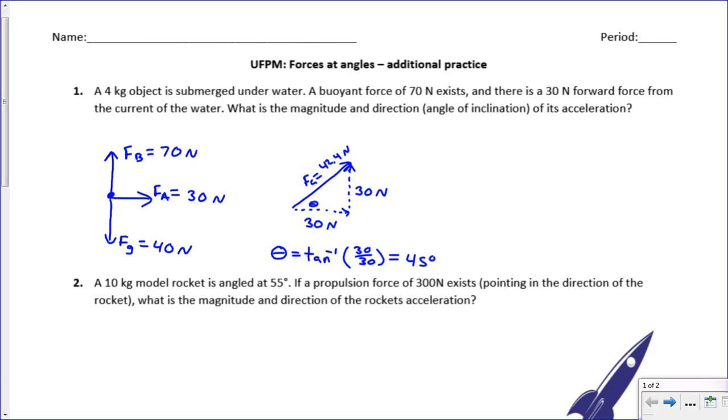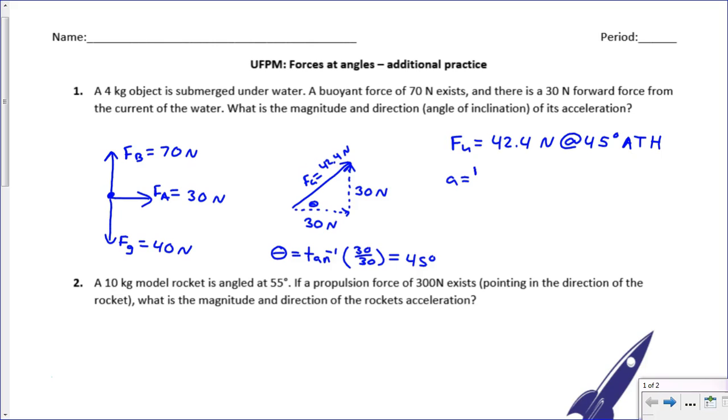Now that we've got this, we know that Fu equals 42.4 newtons at 45 degrees above the horizontal, which I'm going to say 45 degrees ATH. Now it asks actually for the acceleration in this problem, so we need to take advantage of the rearrangement of the Fu equals ma equation.